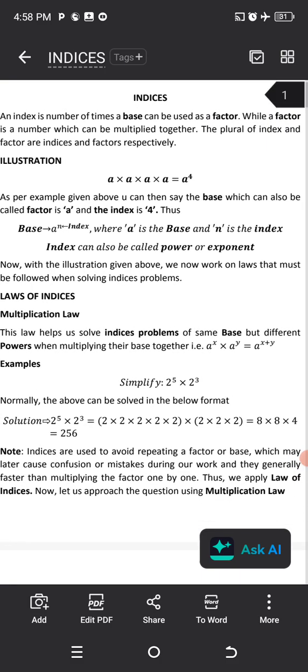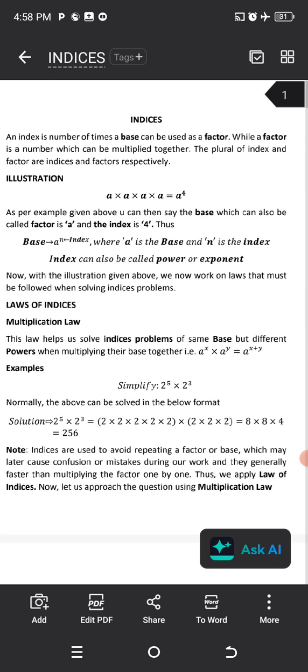Here, that 4 is called the index, while the a is called the base. The base can also be called the factor. So in the example above, the base is a, and the index is 4.